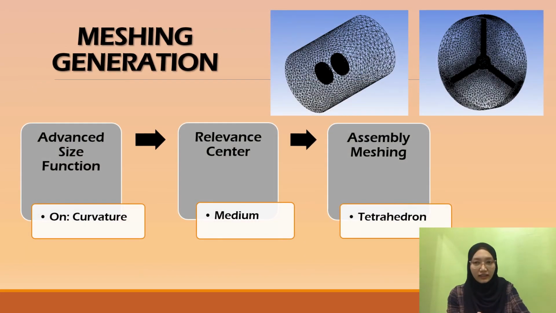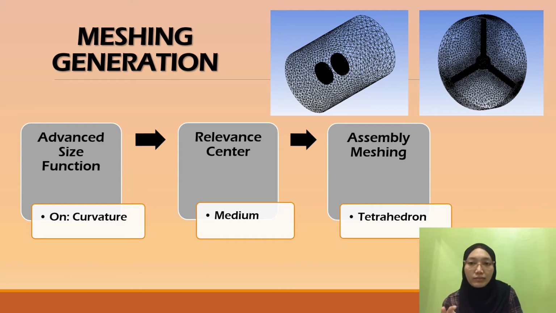The second criterion, which is the mesh generation, will be done in the mesh section in ANSYS software. There are 3 important elements in the meshing setup that will change from the default, which are advanced size function, relevance center, and assembly meshing. The advanced size function will be set to curvature in order to get a better and more accurate result, the relevance center will be set to medium, and lastly the assembly meshing will be set to tetrahedron.